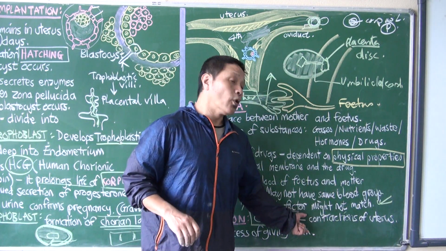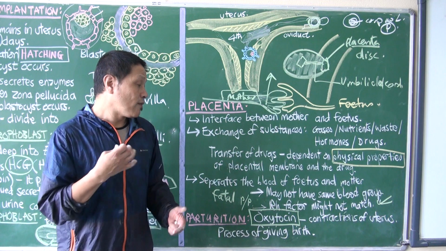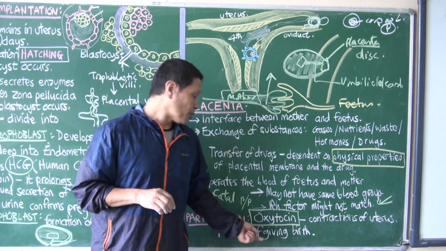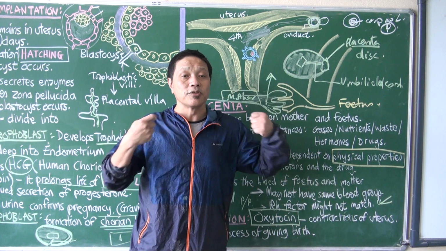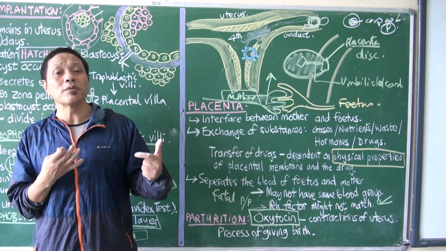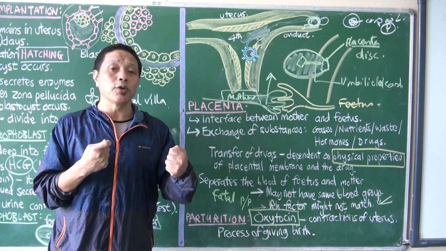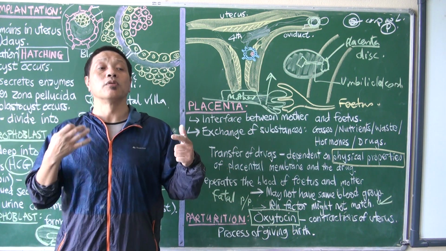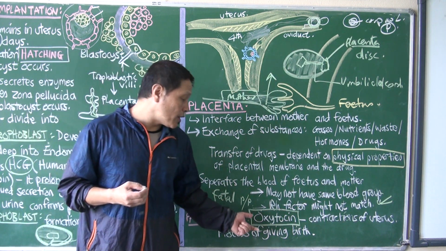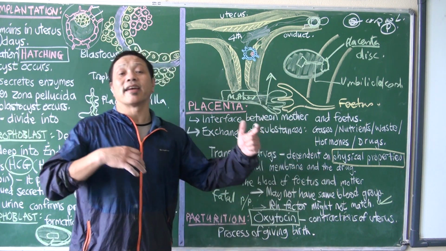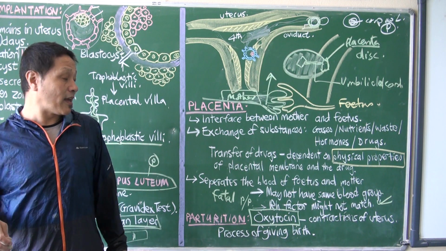It actually, when the time of delivery comes nearer, the oxytocin initiates the contractions of the uterus. And the frequency and the intensity with which it contracts begins to be strong and stronger as the day approaches. And eventually, on that day, it contracts and expels the baby out.